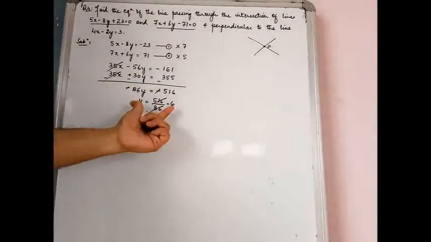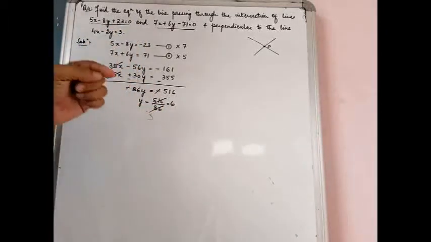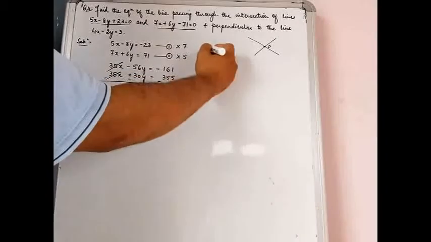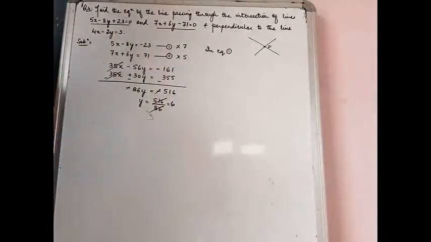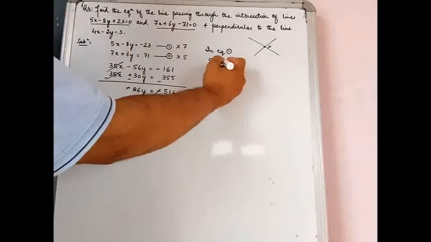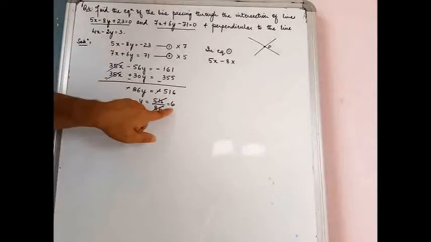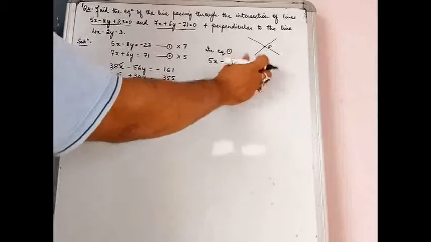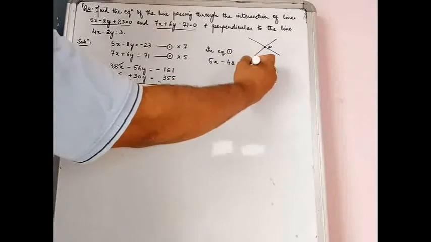Now this y value of 6 can be put in any one of these two equations to get the value of x. Okay, so let me write over here in equation 1, that is the first equation. So 5x minus 8y, 8 into 6, so I'll write that directly, 8 6s are 48, is equal to minus 23.